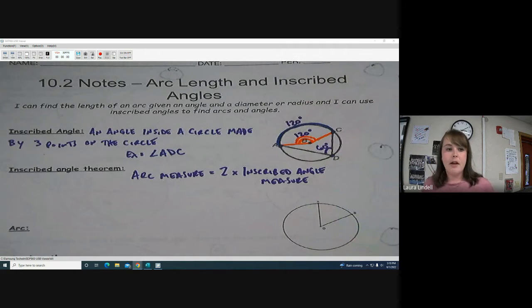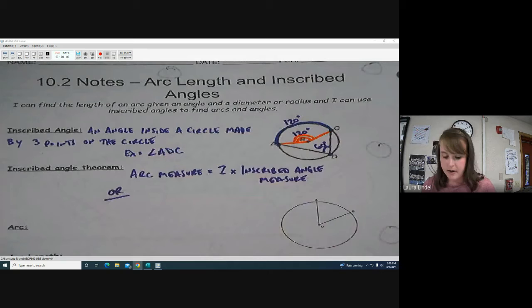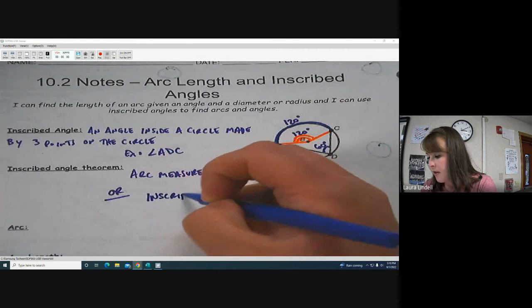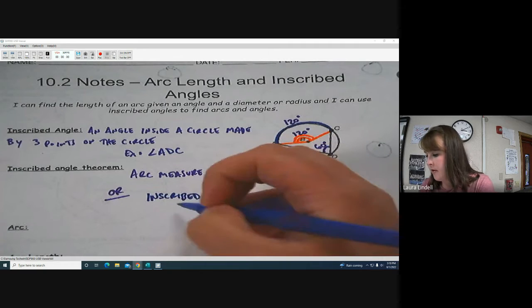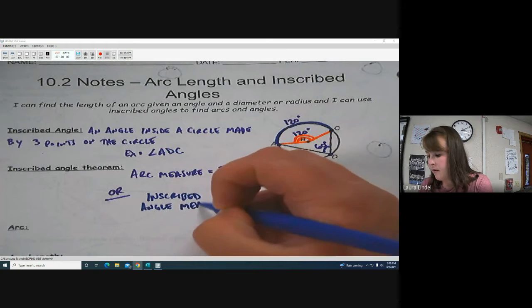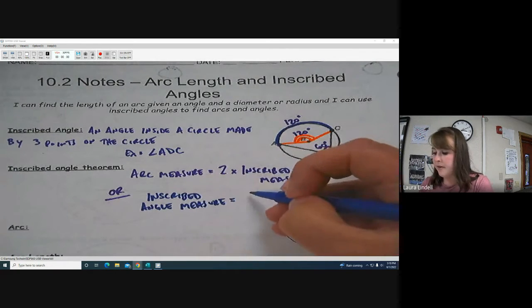All right. So it also goes the other way. You could also use the inscribed angle measure and say that that's equal to the arc measure divided by 2.